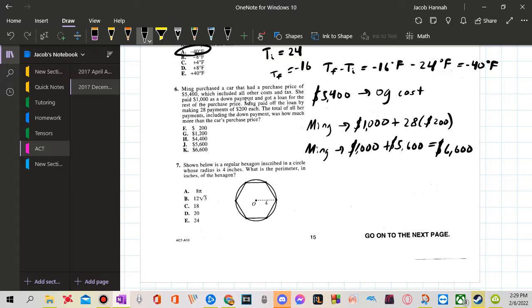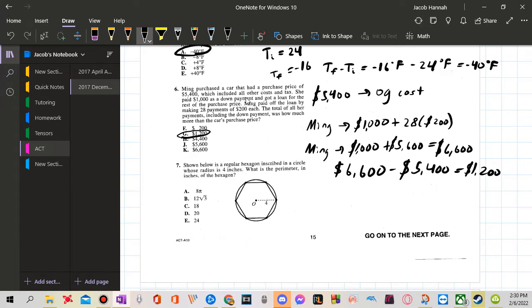So that's how much Ming spent. It's asking how much more this is than the OG cost. So we take this number, $6,600. My writing's awful. Minus the OG cost is equal to $1,200. And that's G. Okay, cool.